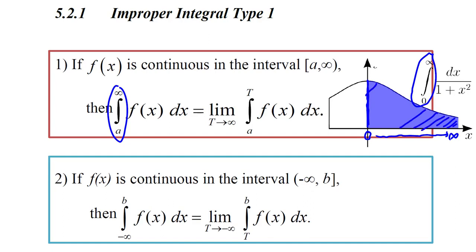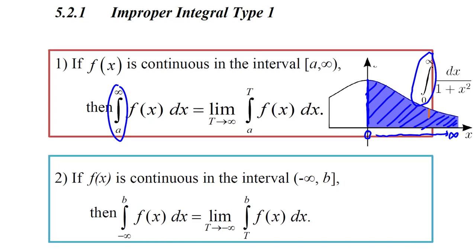So what you can do is let one point here, which is t. Let's say we plot t here. Now the region is bounded, from 0 to t. So you can change to integrate from a to t.